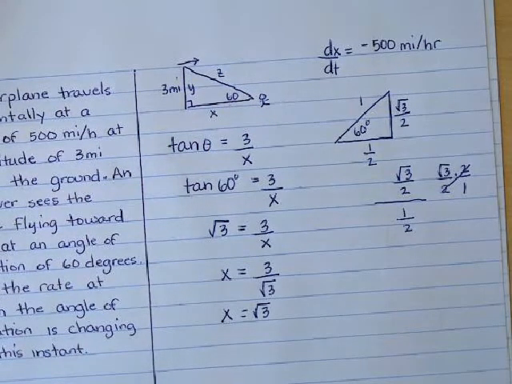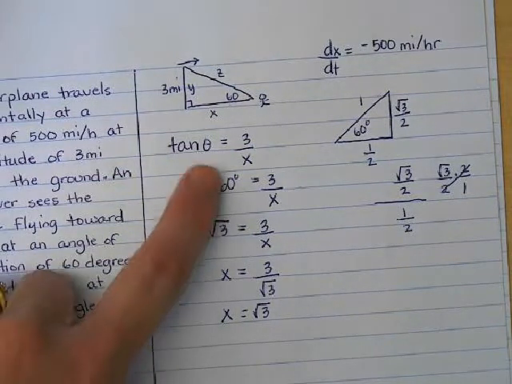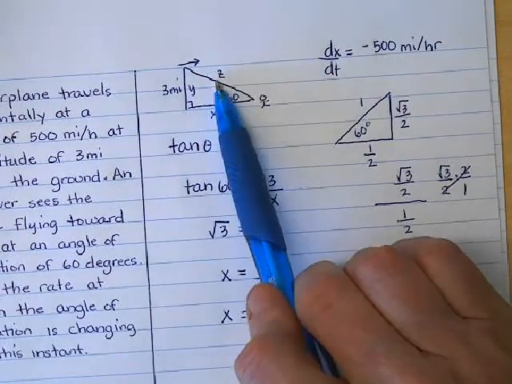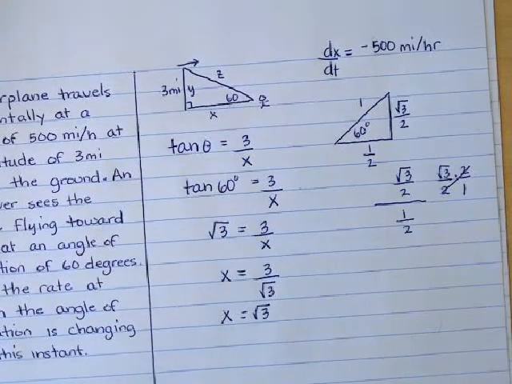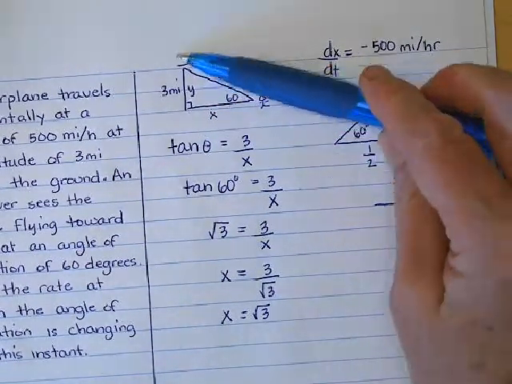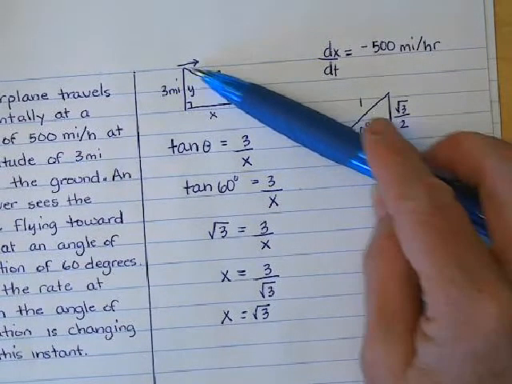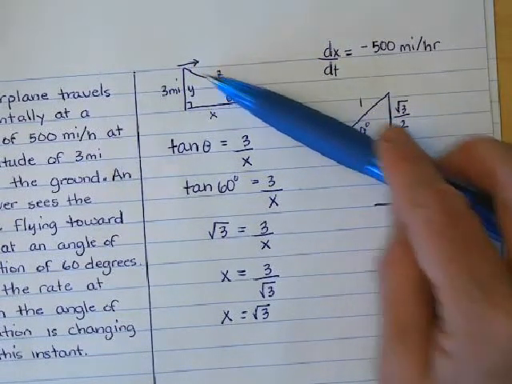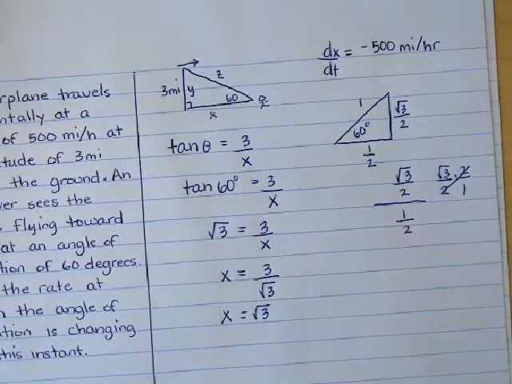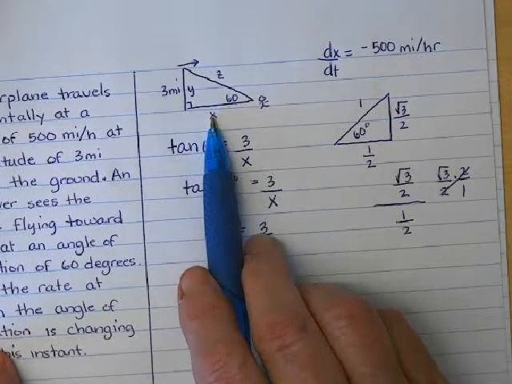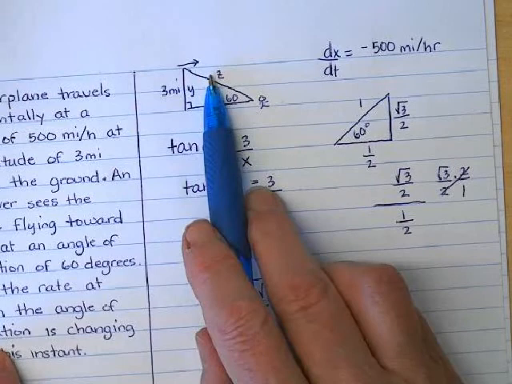I'm still trying to find the rate at which that is going to change. Again, I don't know anything about this z value over here. On the homework, I think the airplane is ascending. In that case, that line would be where the airplane's at. I'm still going to go with my tangent, because this is changing and this is changing.